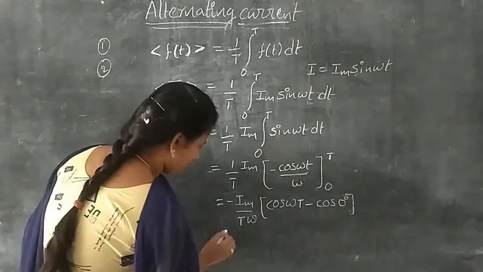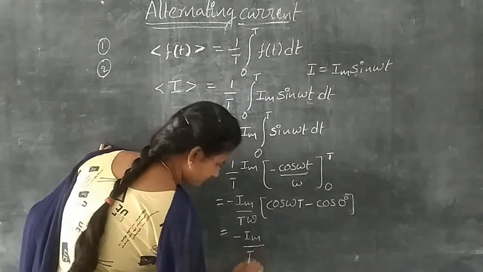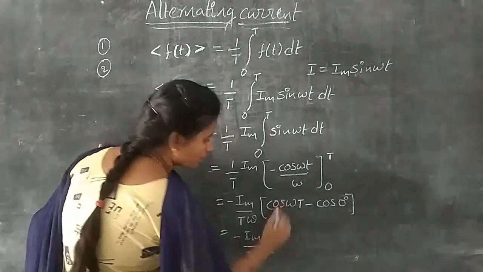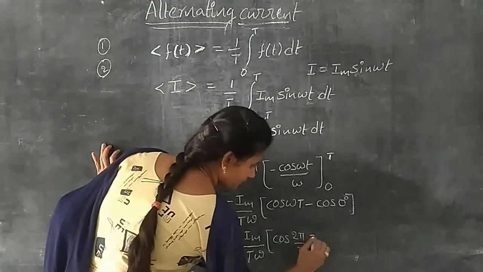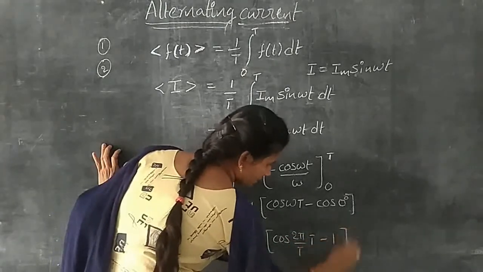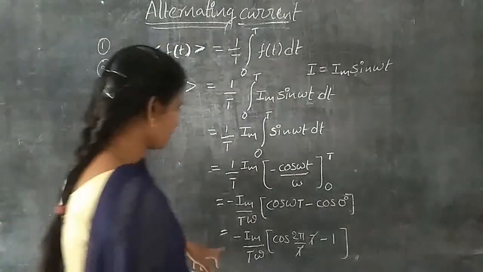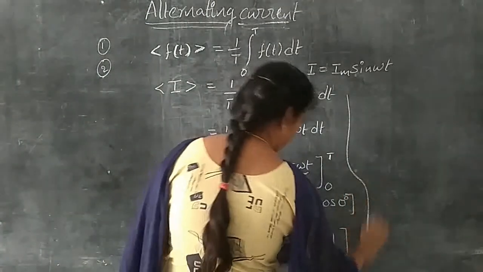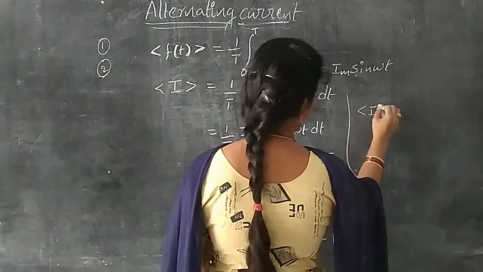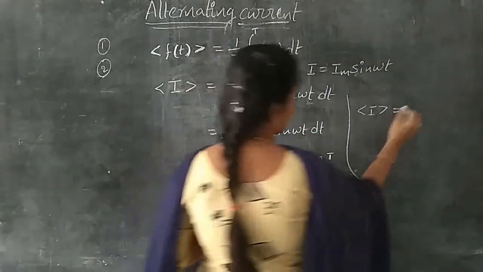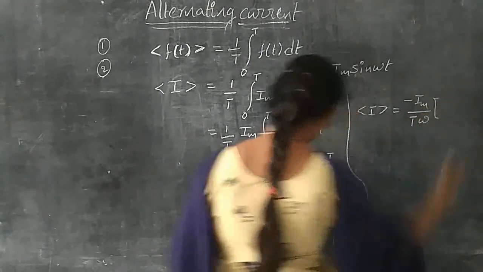So minus Im by T omega into cos of omega T, where omega is 2 pi by T, into T, minus cos 0, which is 1. The T cancels.